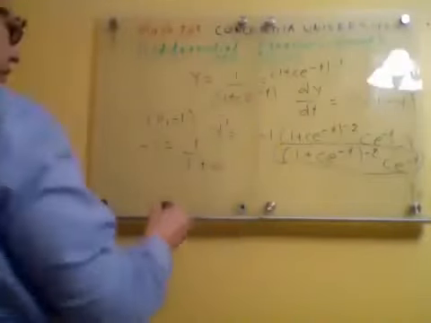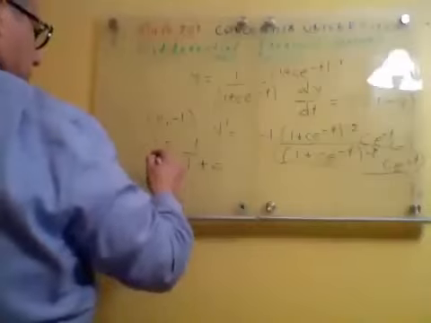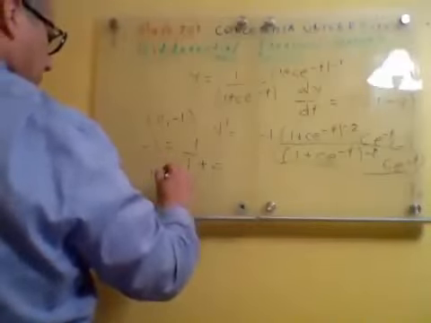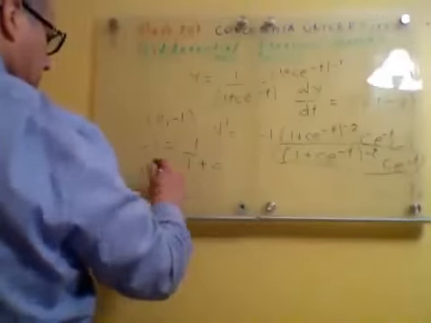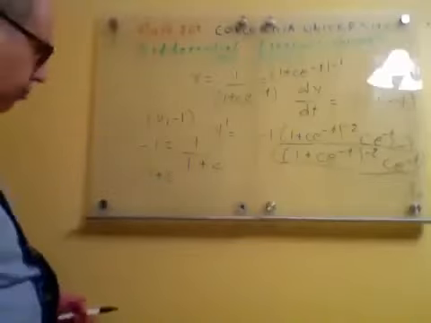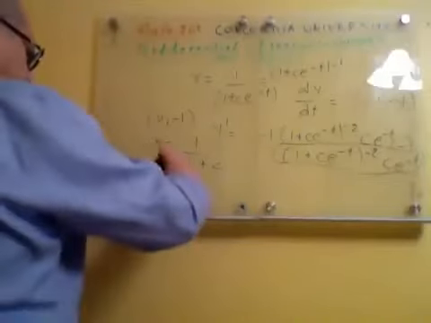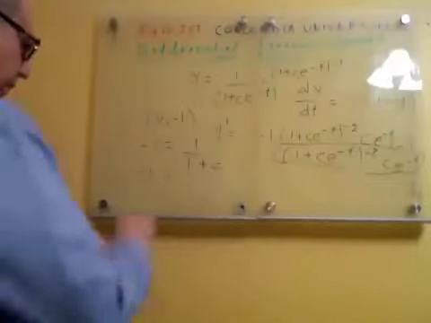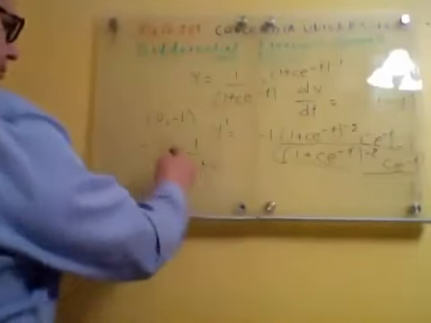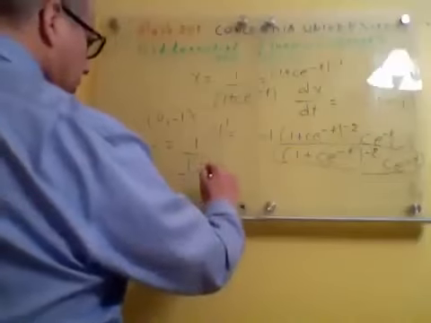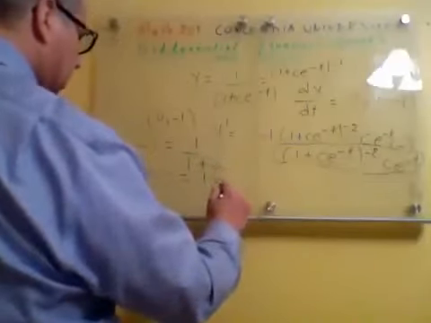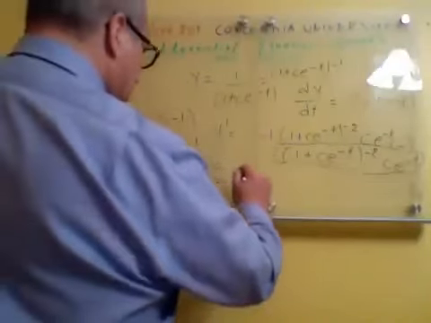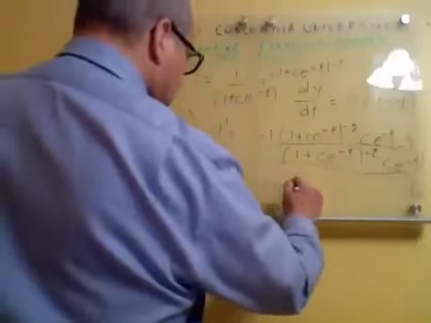Okay, so that means that 1 plus c, minus 1, sorry, -1 minus c is equal with 1. So that means that c is equal with -2.